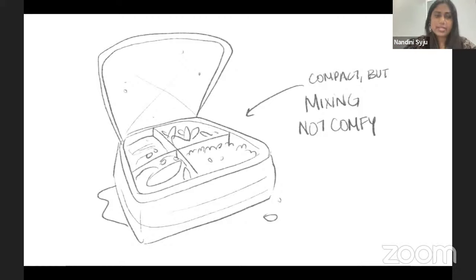It's compact but not good for mixing, not comfy while eating. You just want to go in there and you're not able to do that even with rice or roti, right? I get really annoyed when people serve me the curry in the bowl, and I just have the urge to flip it on the plate. Maybe it's the South Indian part of me, but I usually do that.